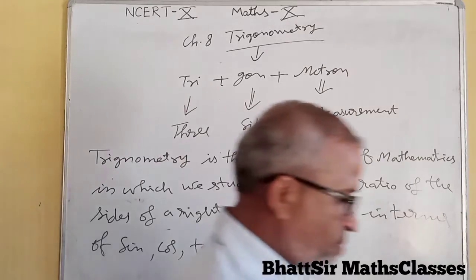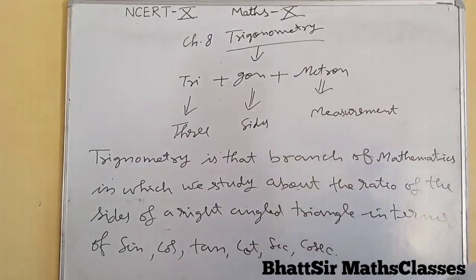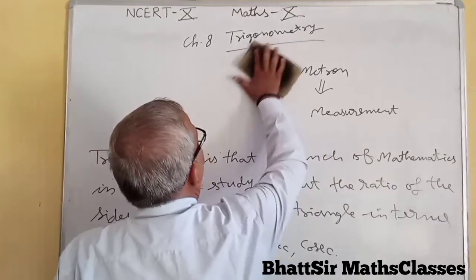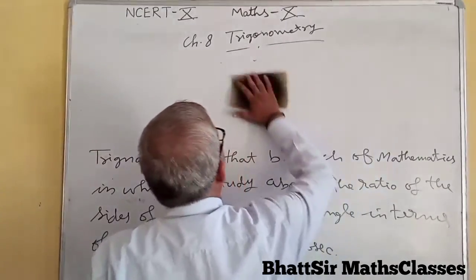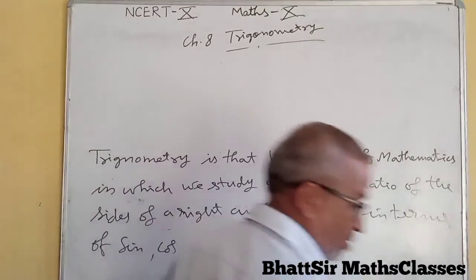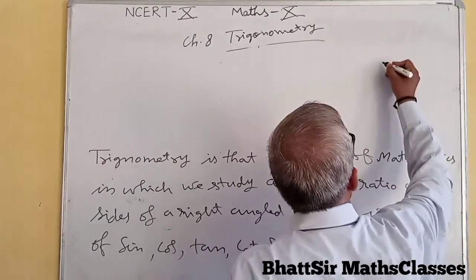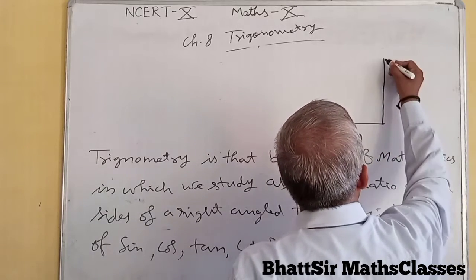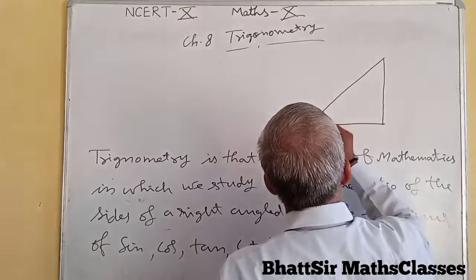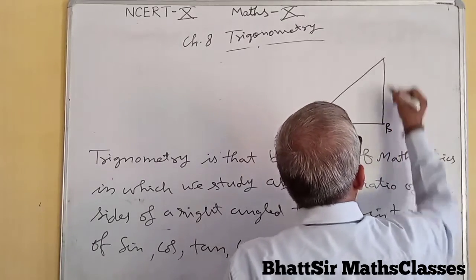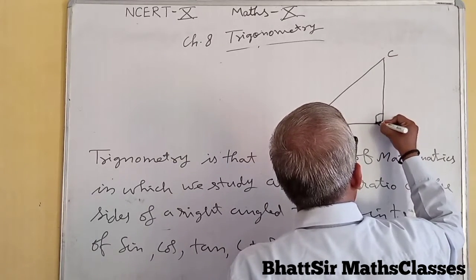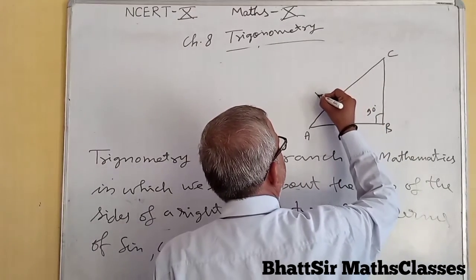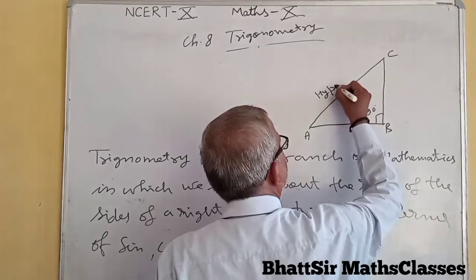So we are making a right angle triangle ABC. It is a 90 degree. Opposite side of 90 degree is hypotenuse.